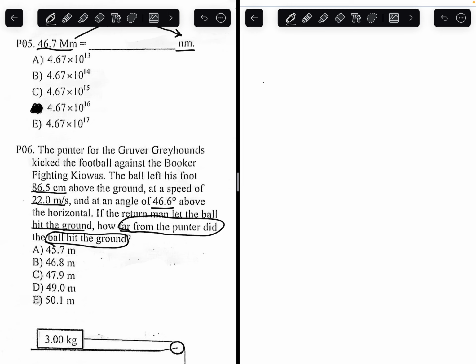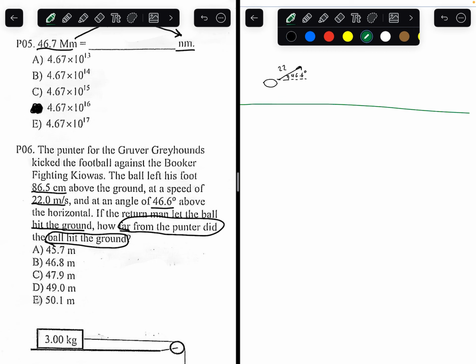So let's diagram this problem. We have a football that's going at a velocity of 22 meters per second at an angle of 46.6 degrees. Let's say this is the turf. The initial height is going to be 0.865 meters.